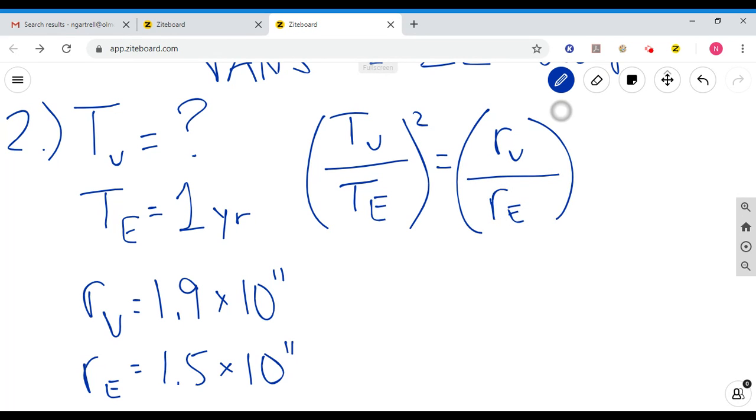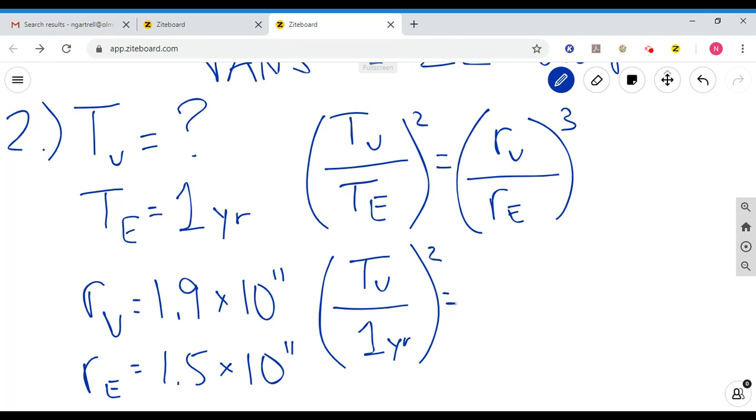It's quantity cubed. Okay. Plug in. T sub u over 1 year squared equals this mess in parentheses.